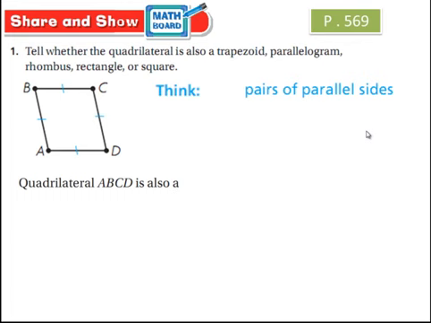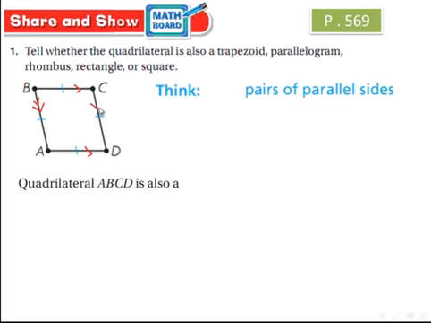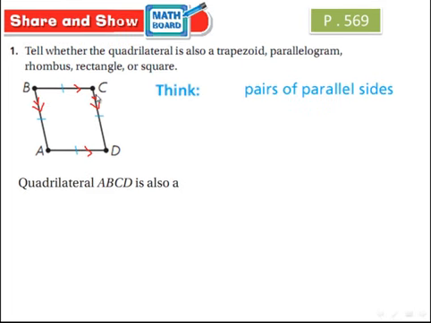Before you answer, you should think about how many pairs of parallel sides. This is the first pair, and here the second pair. Yes, I have two pairs of parallel sides.